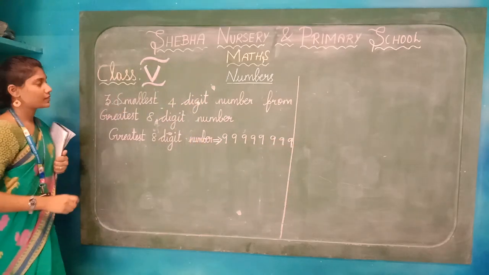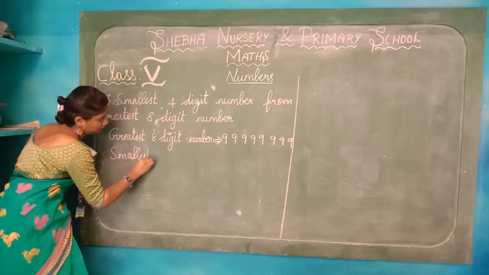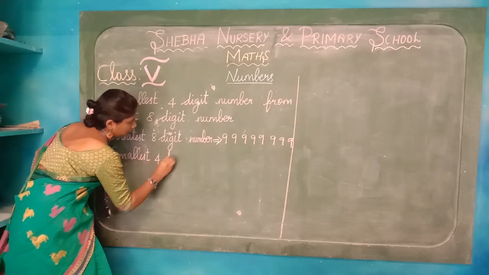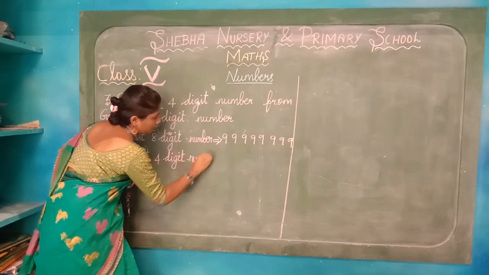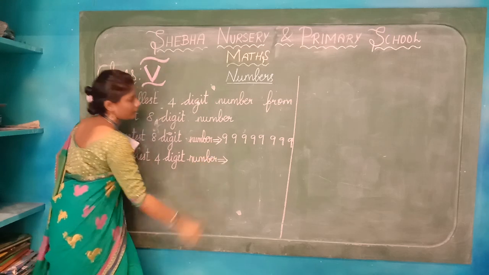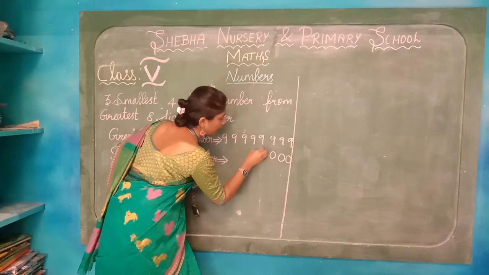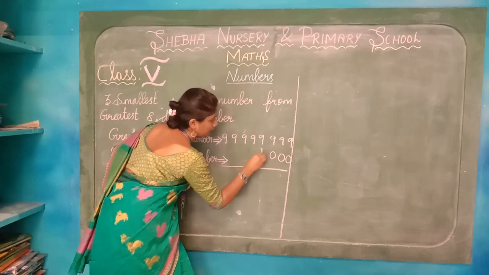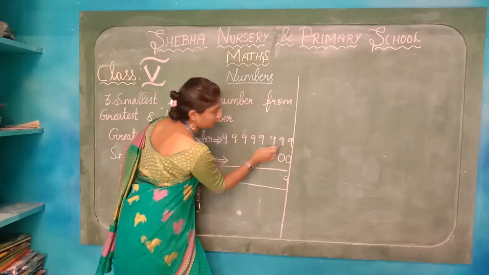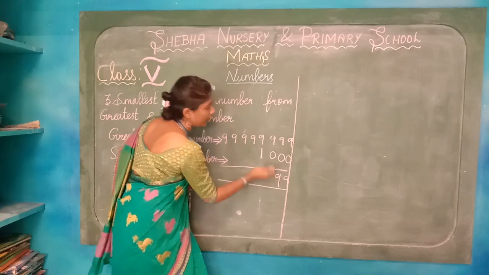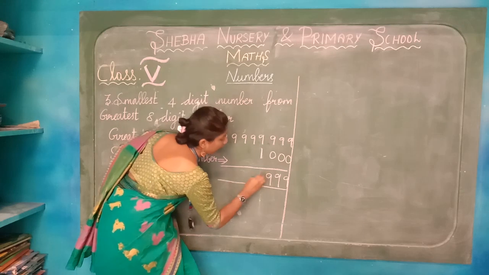And then the smallest 4-digit number: 1, 0, 0, 0. 9 minus 0, 9. 9 minus 0, 9. 9 minus 0, 9. And then 9 minus 1, 8.